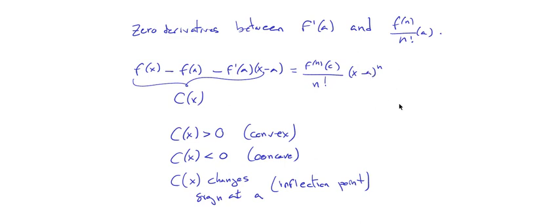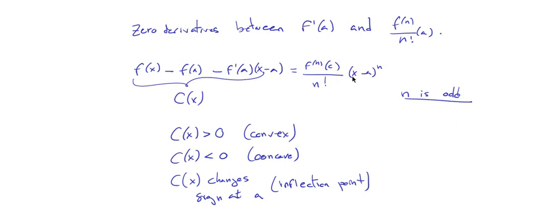So let's see, if n is odd, then the sign of the nth derivative of f doesn't matter, because this product will change sign at both sides of a.